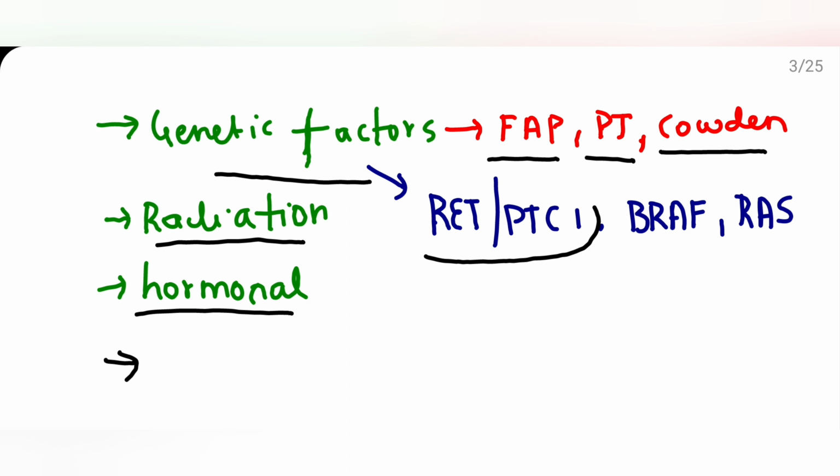It is rearrangement of RET gene, known as RET/PTC. In this, there is a fusion of the tyrosine kinase domain of RET to the 5' portion of various other genes. Apart from that, you can see BRAF mutation, also RAS mutation.